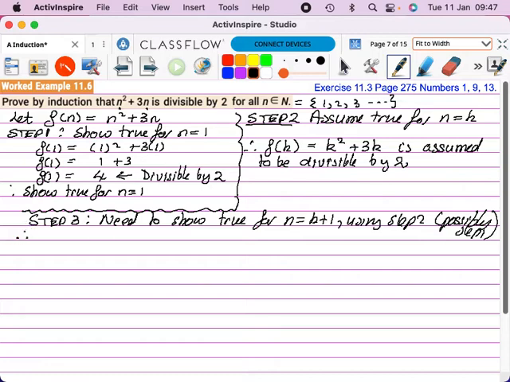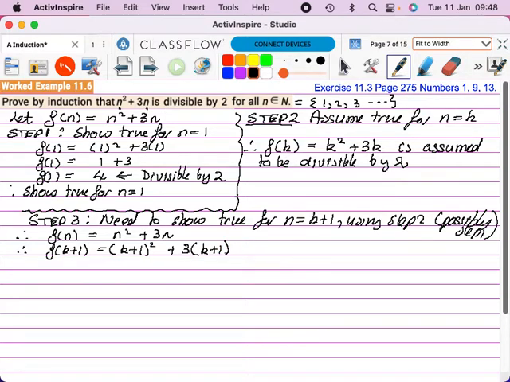Now, once I've made that statement, I need to write down what I'm talking about. So at this moment in time, I've got f of n is equal to n squared plus 3n. So therefore, f of k plus 1 is equal to empty bracket method. Replace the empty bracket with the n with a k plus 1, plus empty bracket method, replace the n with k plus 1.